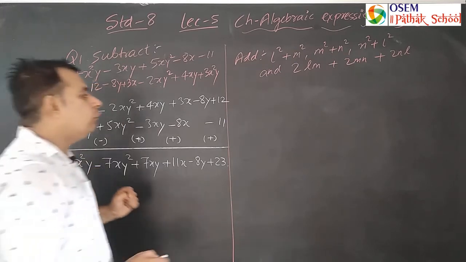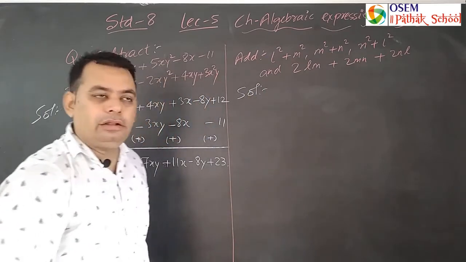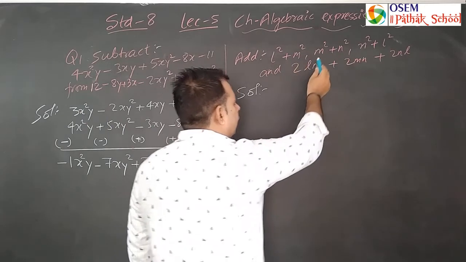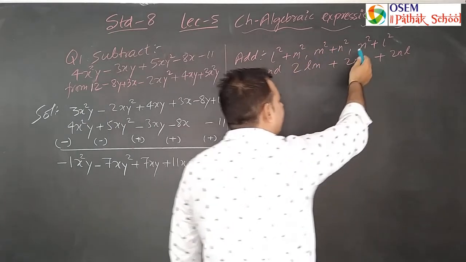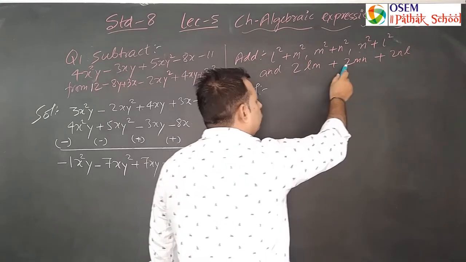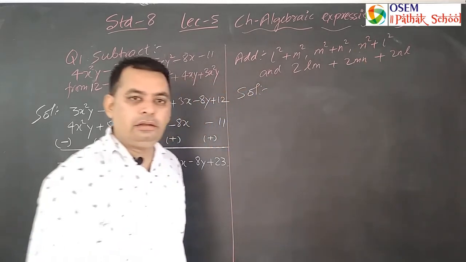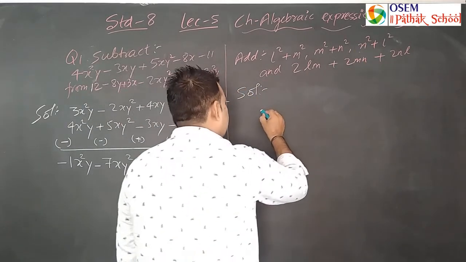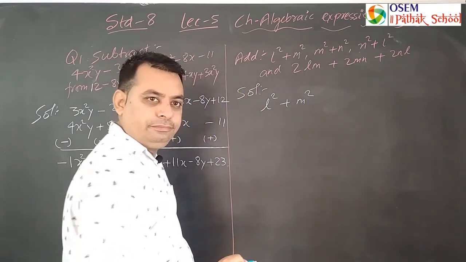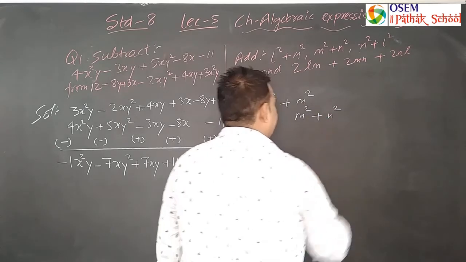Okay. Now in case of addition. Now another question is given. Add l square plus n square plus n square plus n square, and 2ln, 2mn and 2nl. If it is given, then first we will arrange n square, n square, n square, n square.